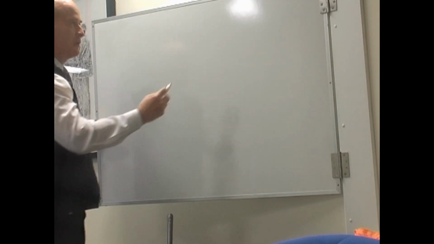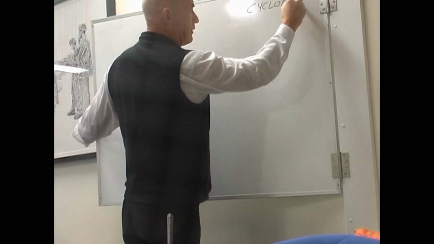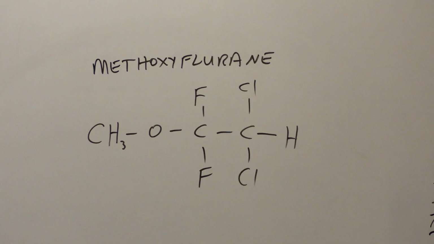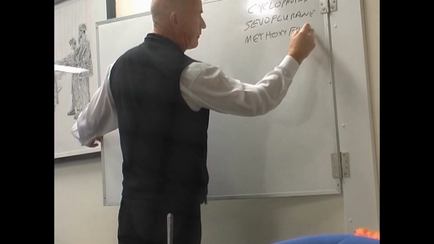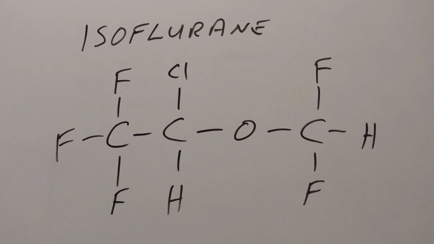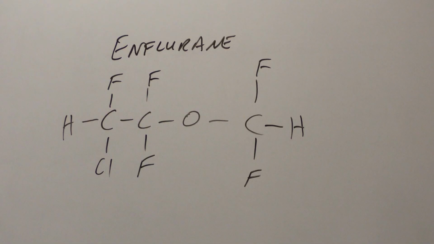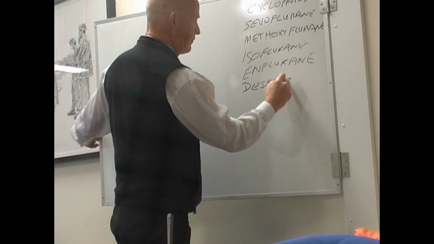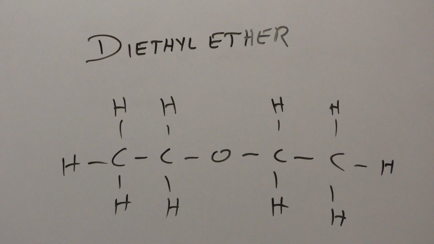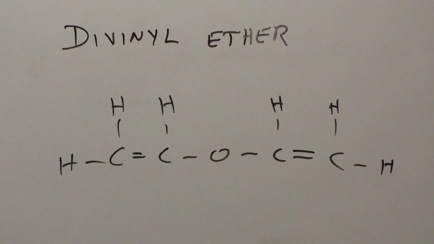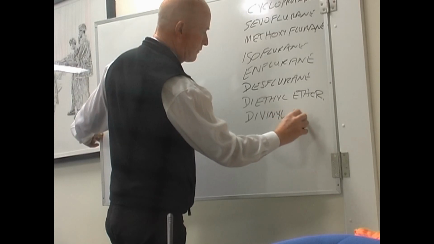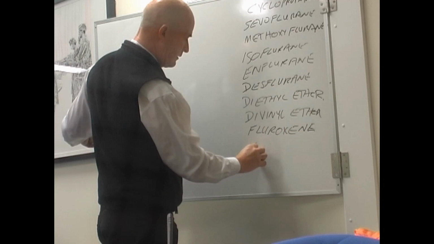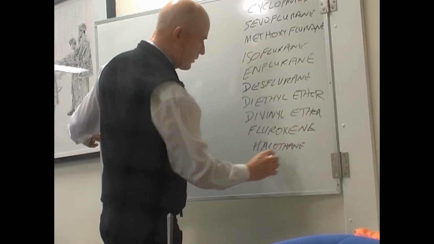Some of those agents that we might like to refer to are things like cyclopropane, sevoflurane, methoxyflurane, isoflurane, enflurane, also desflurane, diethyl ether, divinyl ether, fluroxene, phenanthrene, and trichloroethylene.